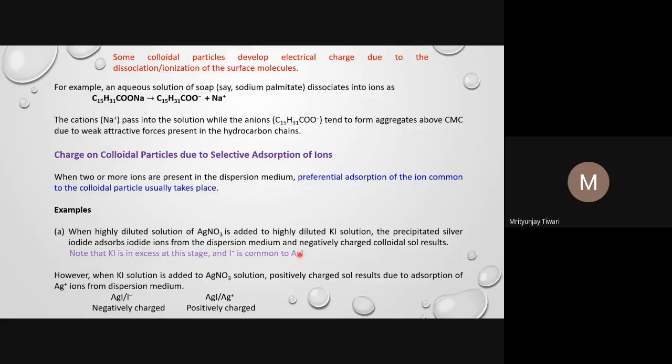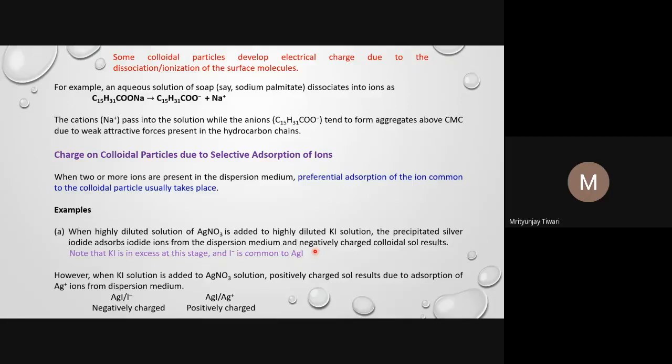It will not absorb K plus ions. However, if the AgI precipitate is formed and the solution contains AgNO3, silver nitrate, in excess, then AgI contains two ions, Ag and I, so it will absorb Ag plus ions and become positively charged.